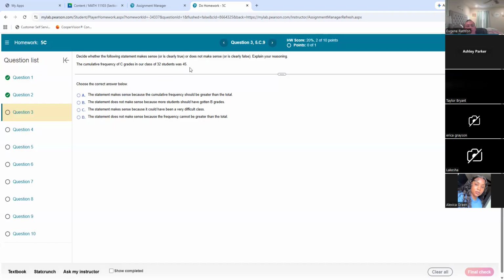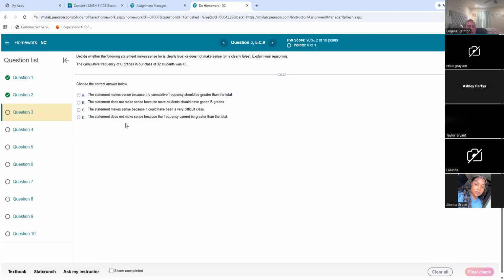So is it possible for your cumulative frequency to be higher than your total students? No. Right, there's no way that can happen. So it does not make sense.